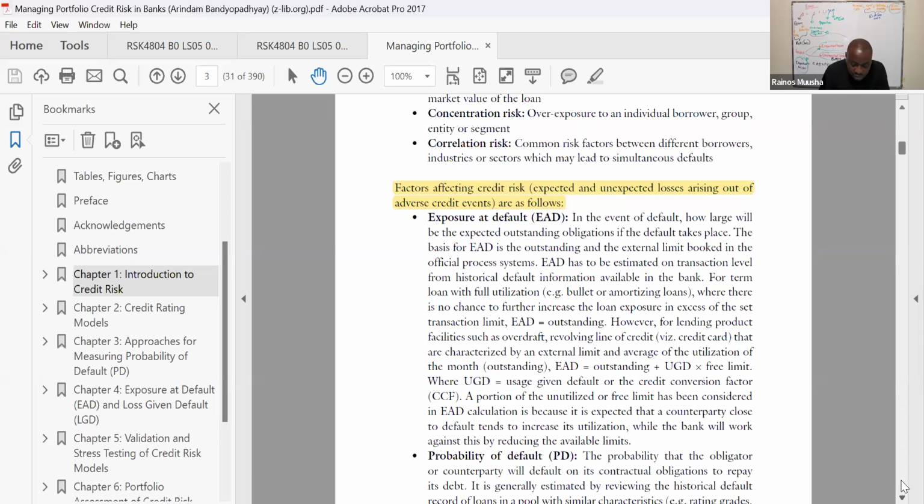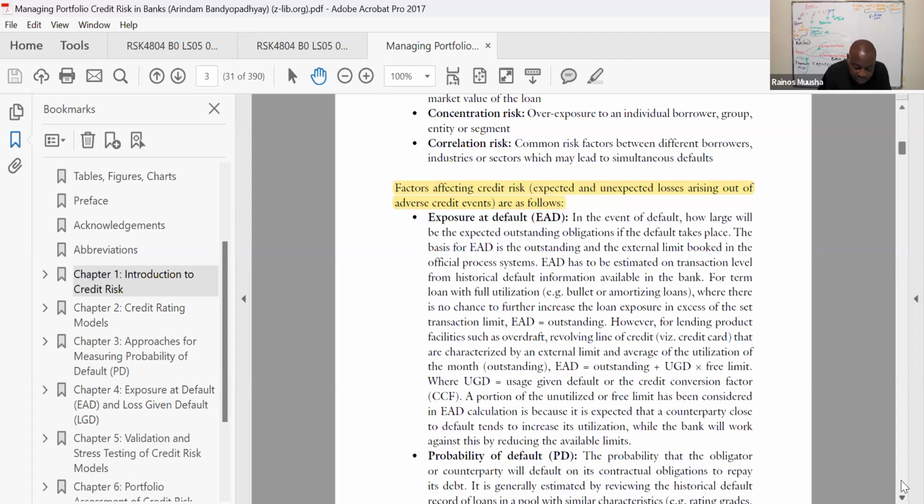Your exposure at default has to be estimated on the transaction level from historical default information available in the bank. For a term loan with full utilization, where there is no chance to further increase the loan exposure in excess of the set transaction limit, your exposure at default will be equal to your outstanding amount.